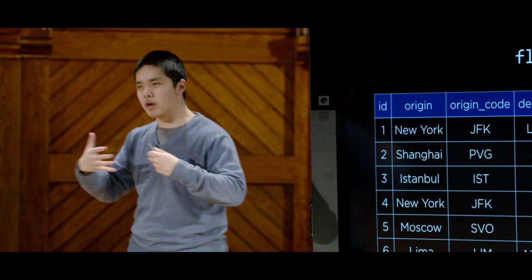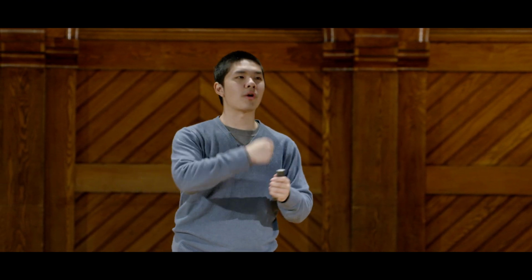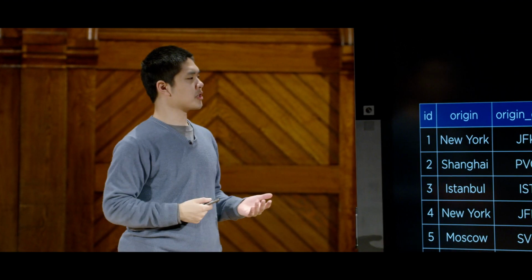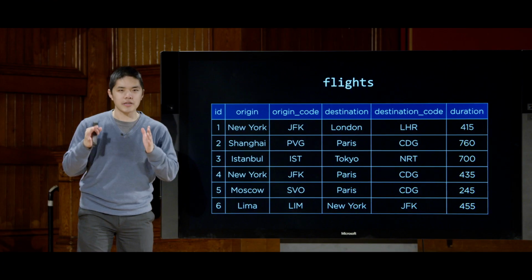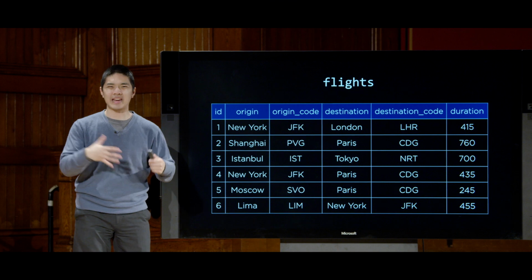And so often, as we begin to deal with data in larger and larger sets with more and more columns, we'll want to normalize this data, separating things out into multiple different tables that just reference one another in some way. Instead of just having a single flights table, what we might consider doing is saying that flights are one type of object, but another type of object that I care about is an airport.